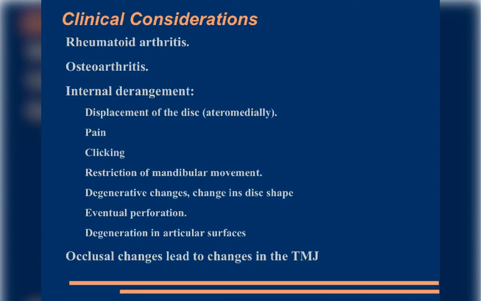But most commonly, rheumatoid arthritis affects the temporomandibular joint more than osteoarthritis, because it's generally considered that rheumatoid arthritis affects small joints and osteoarthritis affects large joints. And the temporomandibular joint is considered a small joint. That's why it's more susceptible to rheumatoid arthritis than osteoarthritis. But still, we have some cases of osteoarthritis affecting the temporomandibular joint.